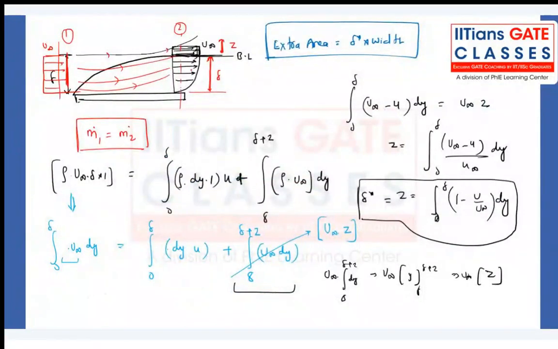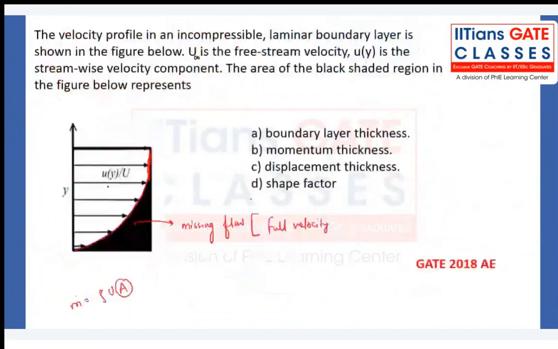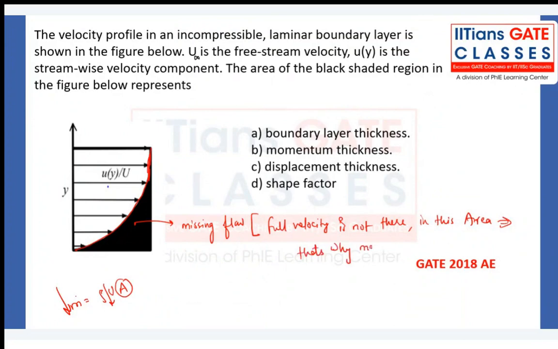So nobody can take the area. But the actual reduction in the mass flow rate is happening just because of velocity. Full velocity is not there in this area. That's why the mass flow rate is reduced inside the boundary layer.